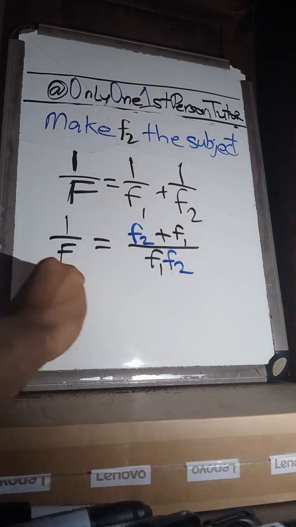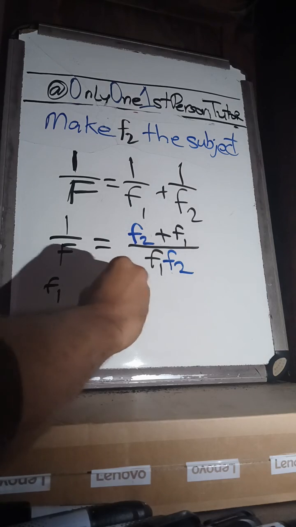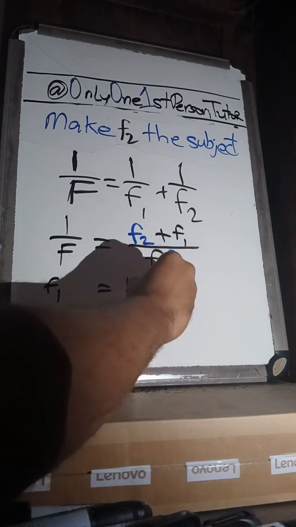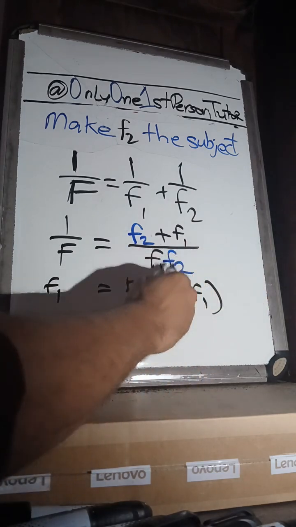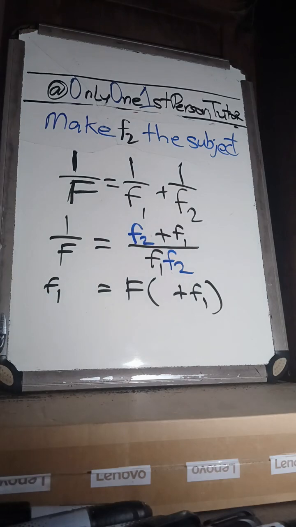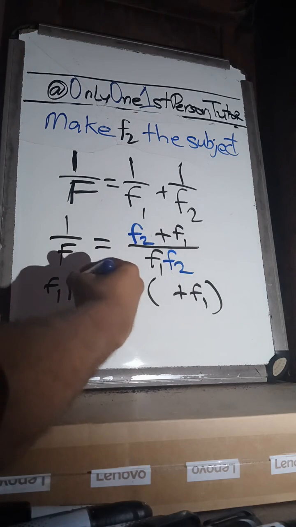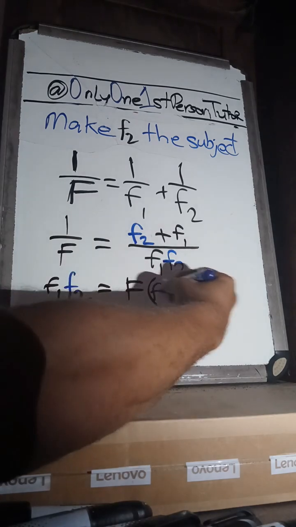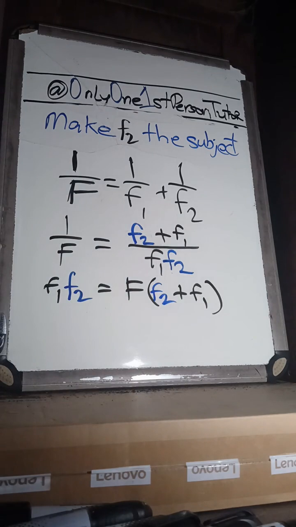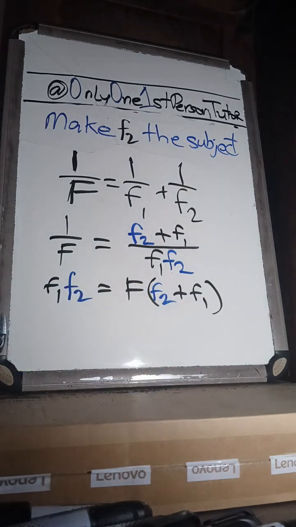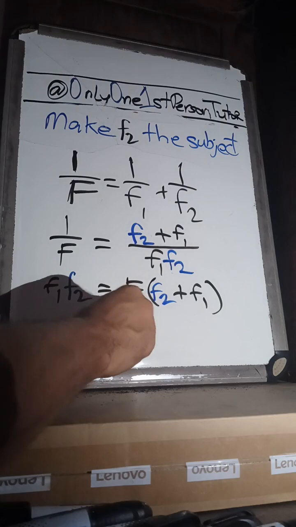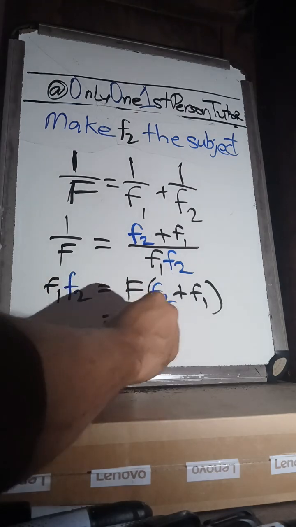So we have... the only problem now is that this is stuck in the brackets. I have to get rid of the brackets. So now I have to distribute and say that we have this.